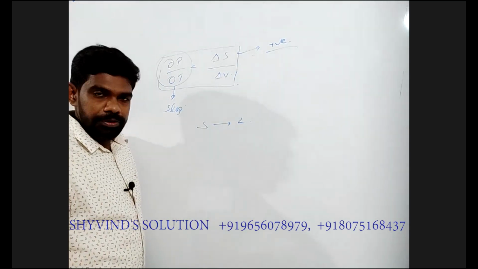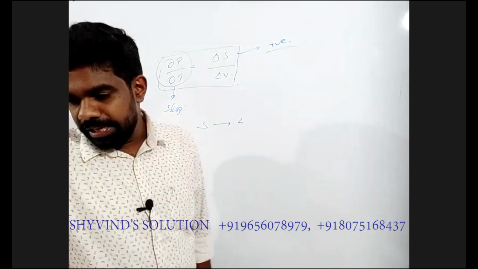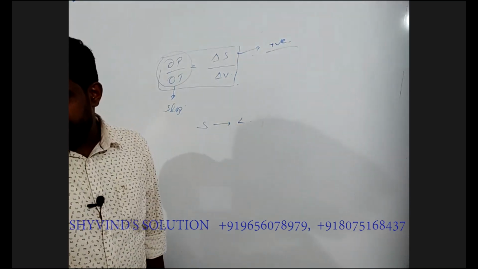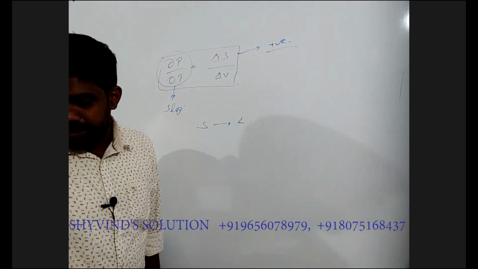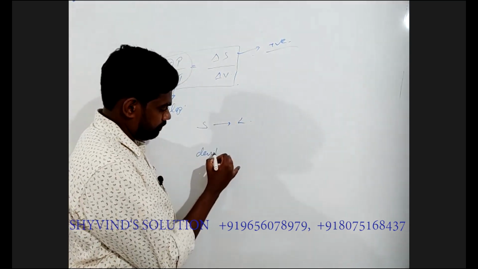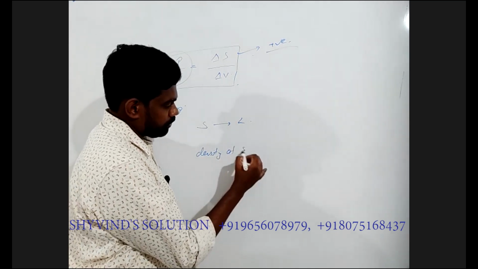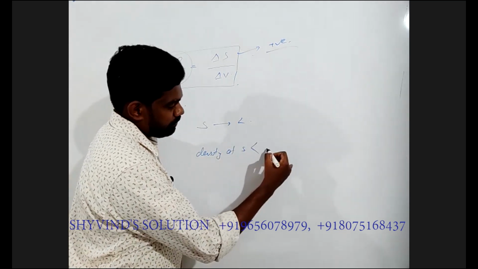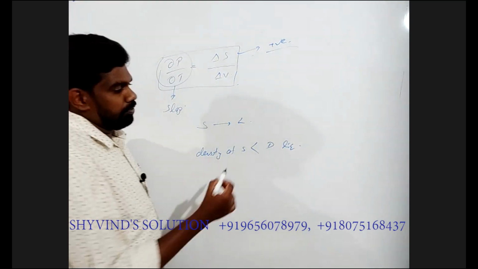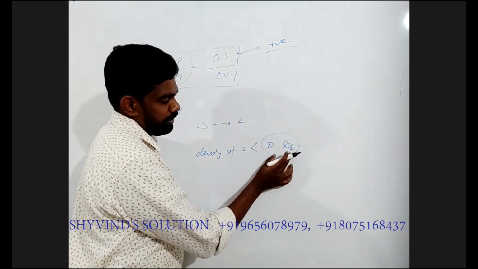So what is given is the density of solid is less than that of liquid. So we know the density of liquid is high.